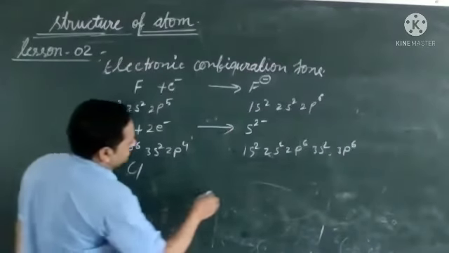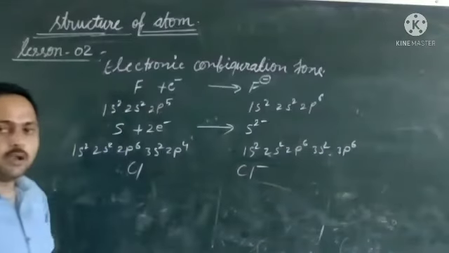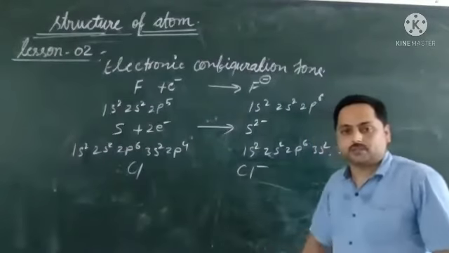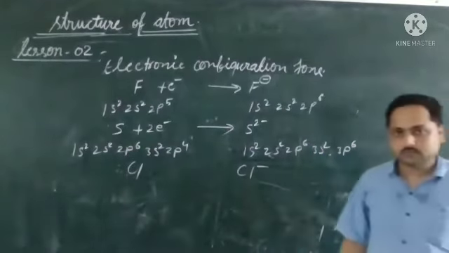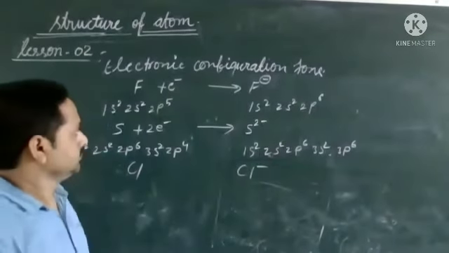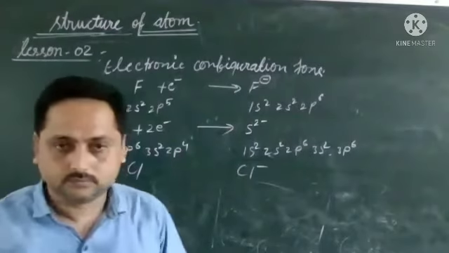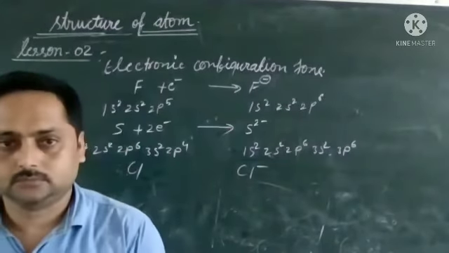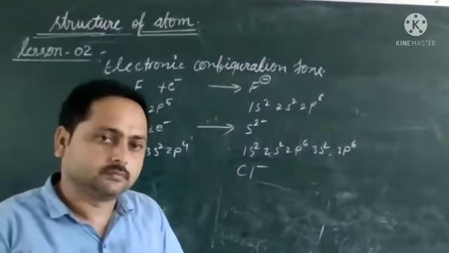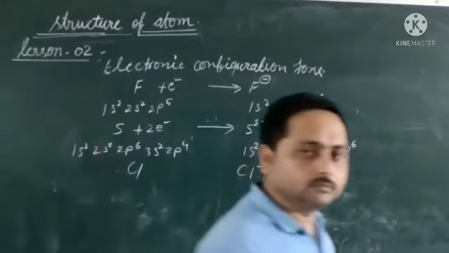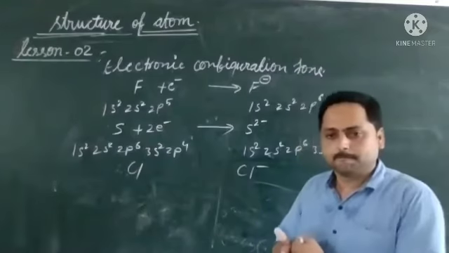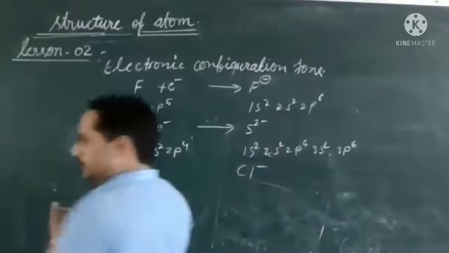So write about this. Write the electronic configuration of chlorine and chloride ions. So how many have written correctly?